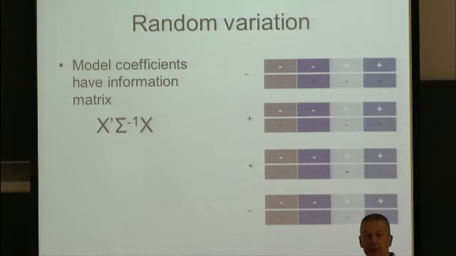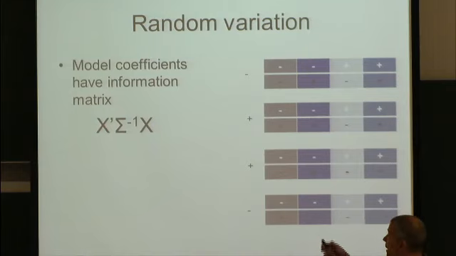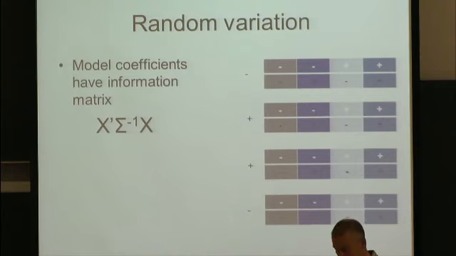A special feature of these split plot designs is the form of the information matrix for the model coefficients. It's X prime sigma inverse X. This is in contrast to the usual completely randomized layout where the sigma inverse disappears or can be replaced by a scalar.